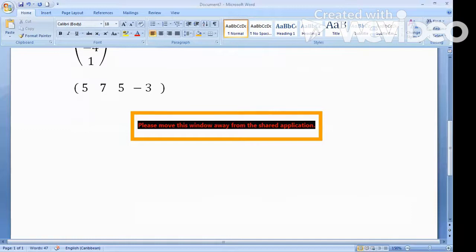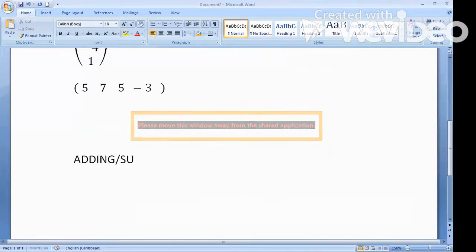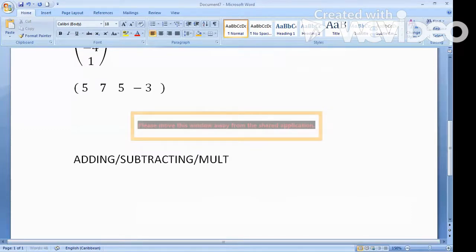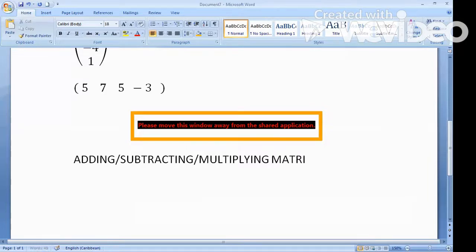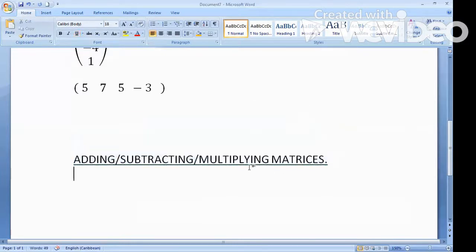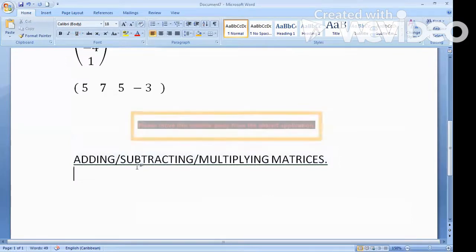We're going to look at adding, subtracting, and multiplying matrices.